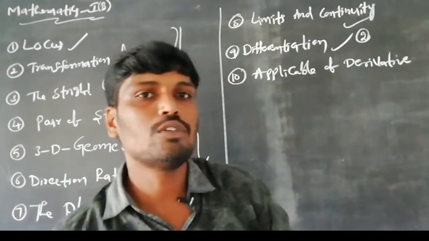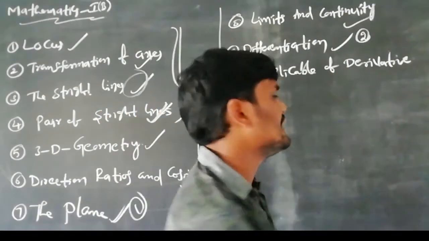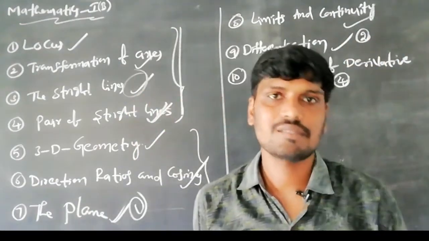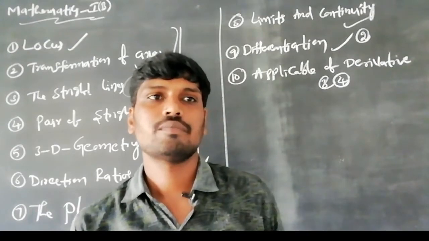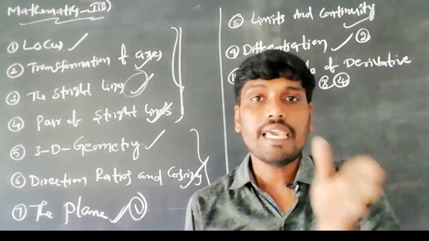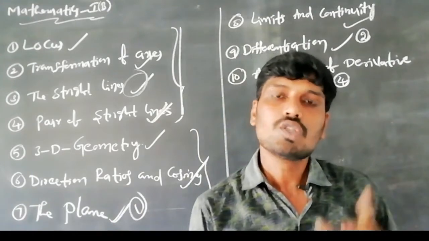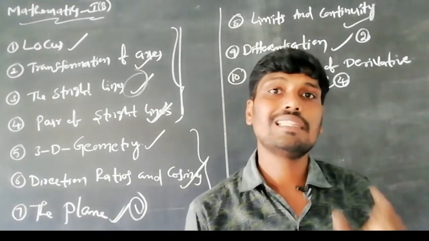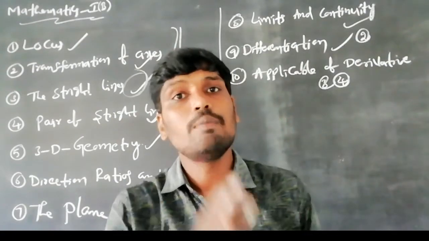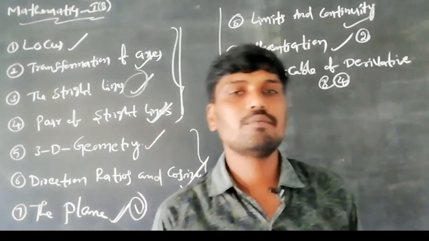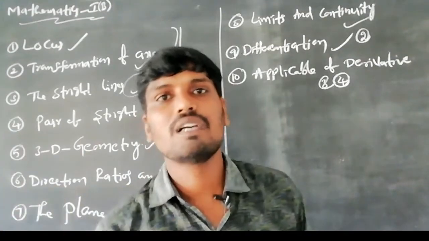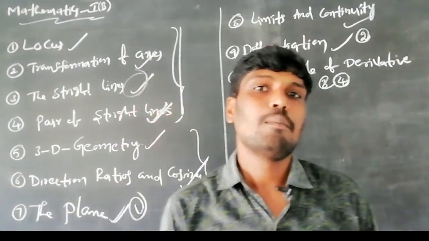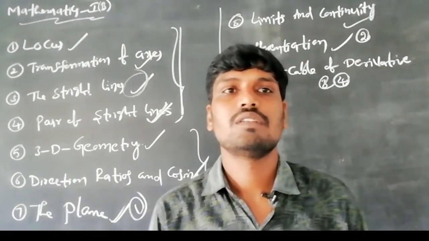Next, applications of derivatives. This is a long chapter. From this chapter, at least 3 or 4 questions come in EAMCET. The topics are errors, approximate values, delta y and dy, equation of the tangent, equation of the normal, slope of the tangent, slope of the normal, length of the subtangent, length of the subnormal, length of the tangent, length of the normal, angle between two curves, mean value theorem, increasing and decreasing functions, Rolle's theorem, Lagrange's mean value theorem, maxima and minima or extreme values.